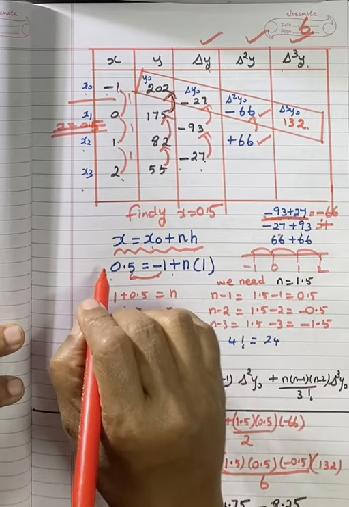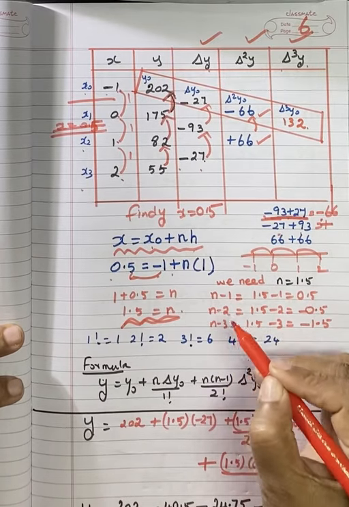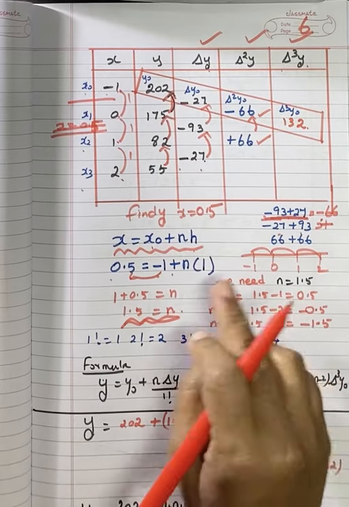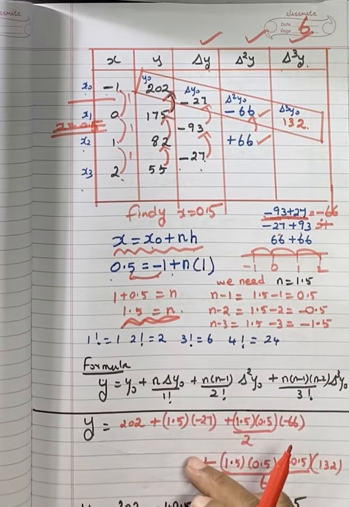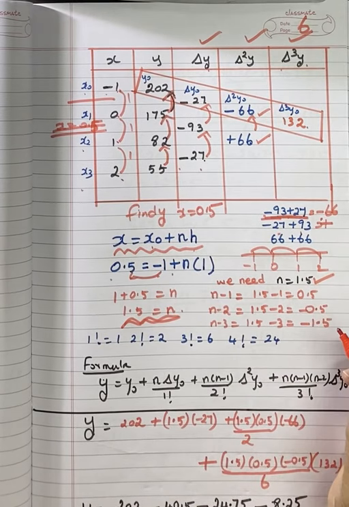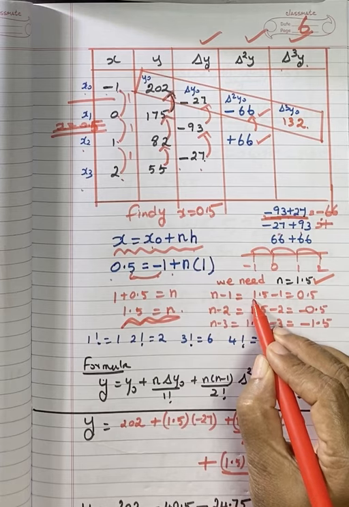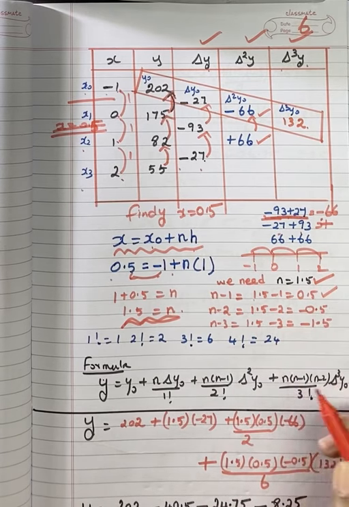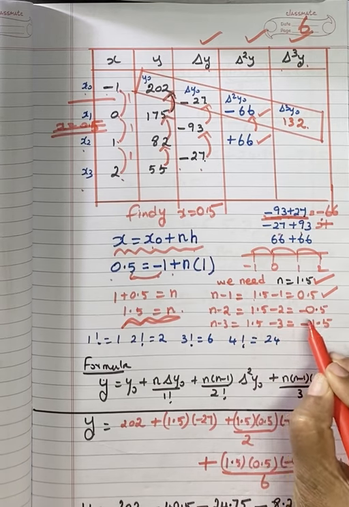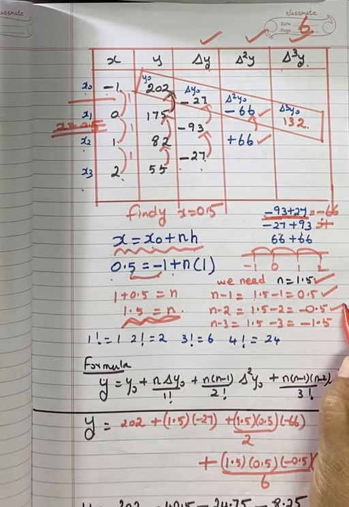In the formula, I want n minus 1, n minus 2, n minus 3. I'll subtract and keep it here so that it will be easy for me to substitute. N is 1.5. N minus 1 means 1.5 minus 1, it is 0.5. N minus 2 means 1.5 minus 2, it is minus 0.5.